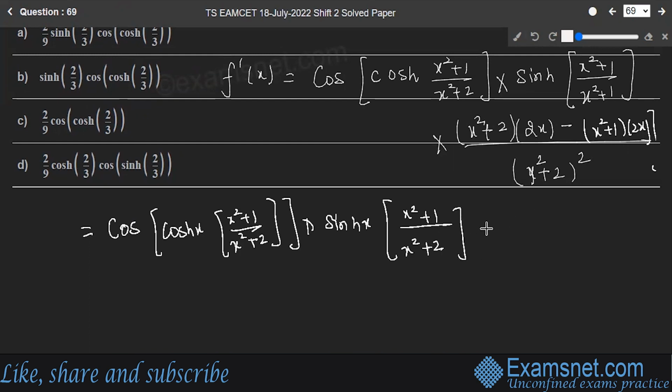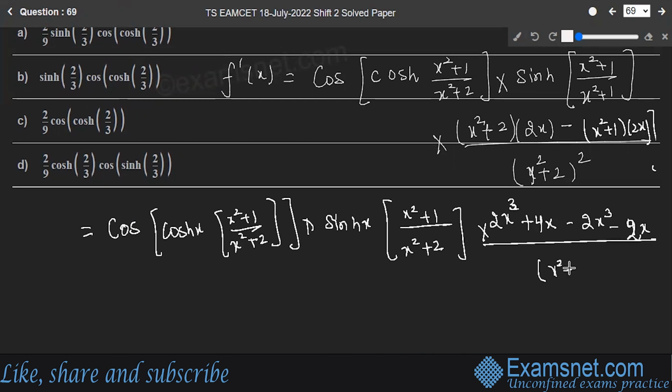Now, when you will open up this, you will have x square, 2x cube plus 4x minus 2x cube minus 2x, right? I think yes.